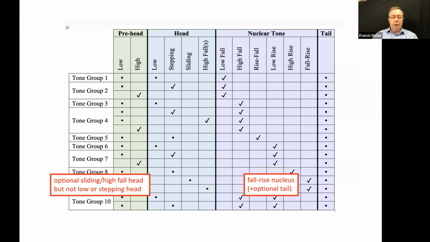And their pedagogical description follows these restrictions. I think it's not necessarily a statement that you absolutely cannot have, that you will never hear other combinations, but I think they're trying to reduce the possibilities to a manageable number that learners of English can learn. We can discuss whether that's a realistic goal, but that's what they were trying to do.